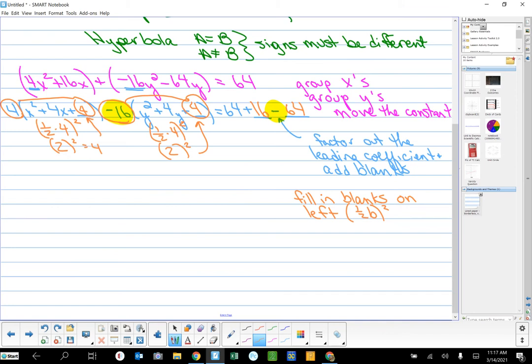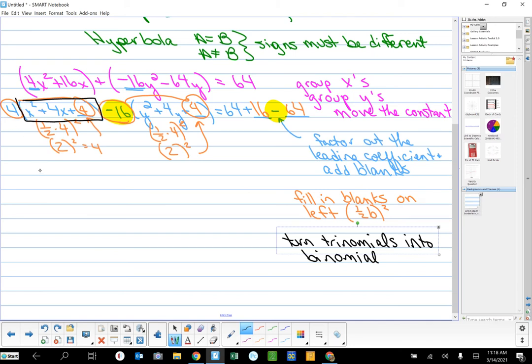All right. So now we're going to turn your trinomials into binomials. So this guy is turning into x plus 2 quantity squared.